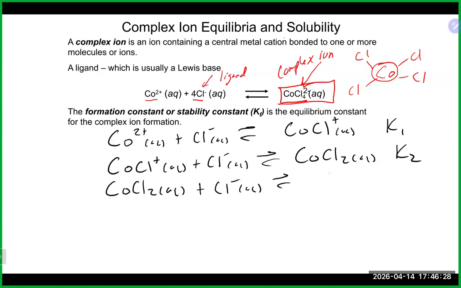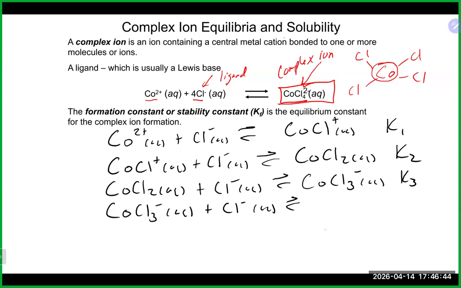The next step would be to put on the next chloride, ending up with CoCl3-, also an equilibrium. Lastly, our CoCl3- will pick up the last chloride and end up with the complex ion we see there in the book, with a K4 in this case. These are all equilibrium steps as we individually put these on.